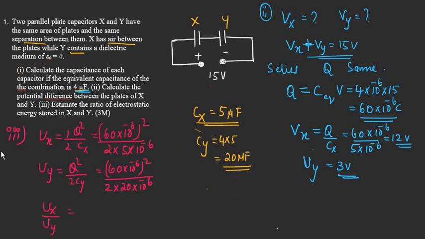Since charge is same, Q square will get cancelled. Ux by Uy will be Cy by Cx. That is nothing but 20 into 10 to the power minus 6 divided by 5 into 10 to the power minus 6. This is nothing but 4 by 1. So the ratio is 4:1. So this is the answer for the third.